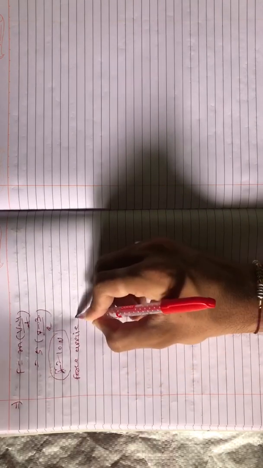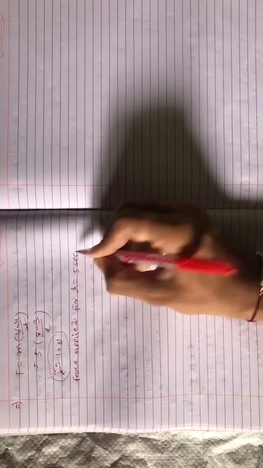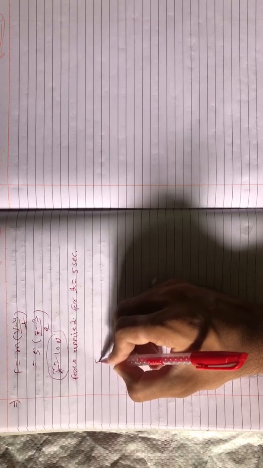Now the force is applied in place of 2 seconds; here the time will be taken as t is equal to 5 seconds. Then find the final velocity. The equation will be the same.